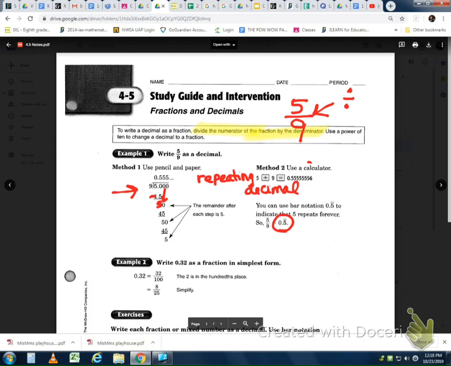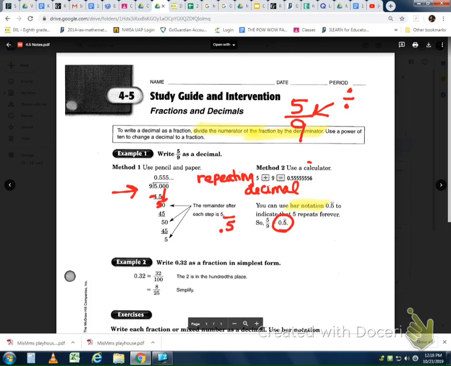That's bar notation, and it means the 5 repeats forever. Sometimes you might have 2 digits that repeat, and then you would put the bar over the 2 digits. And sometimes it's 3 digits that repeat, so you'd put the bar over the 3.